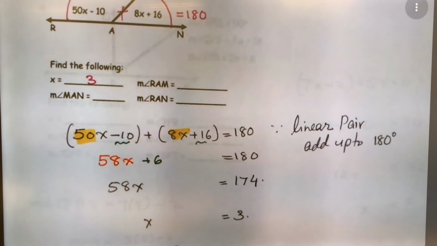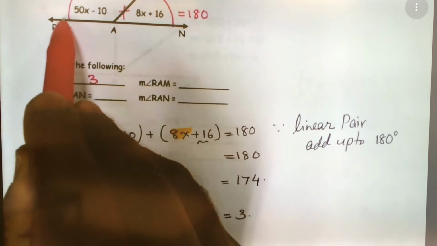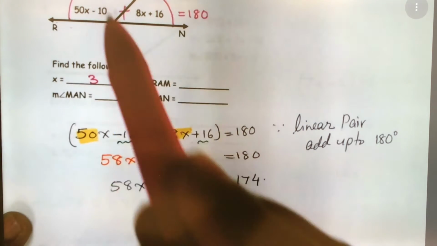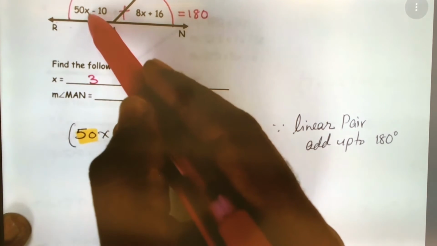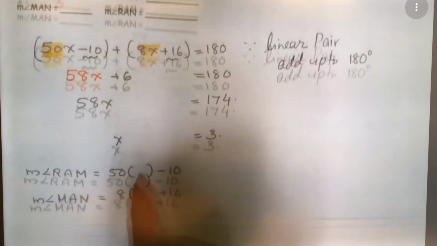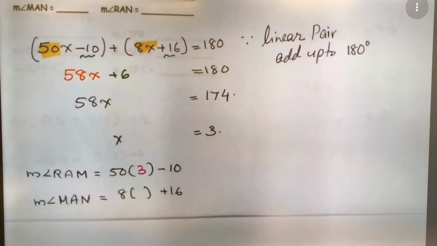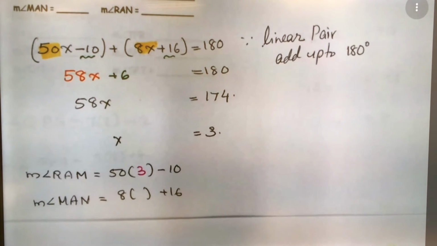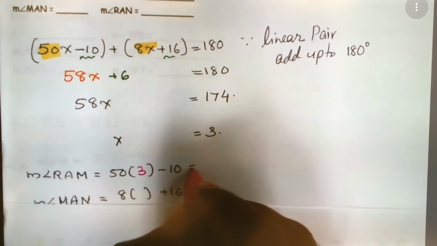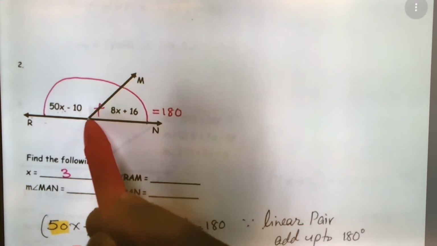So now I have x is equal to 3. I need to figure out the measure of angle RAM. RAM is 50x minus 10. Now I know x is 3, so plug in 3 here. 50 times 3 minus 10, so 150 minus 10 becomes 140. The same way I can find the measure of MAN.